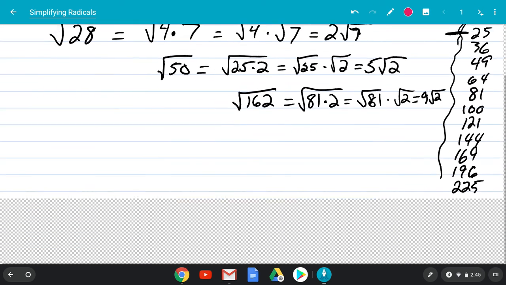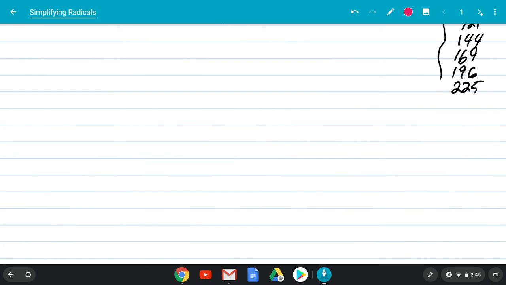Now, before I get into the second method, you may remember doing a factor tree or a prime factorization tree.